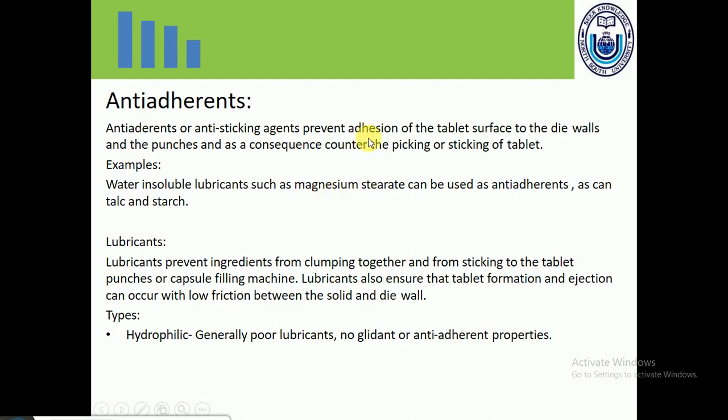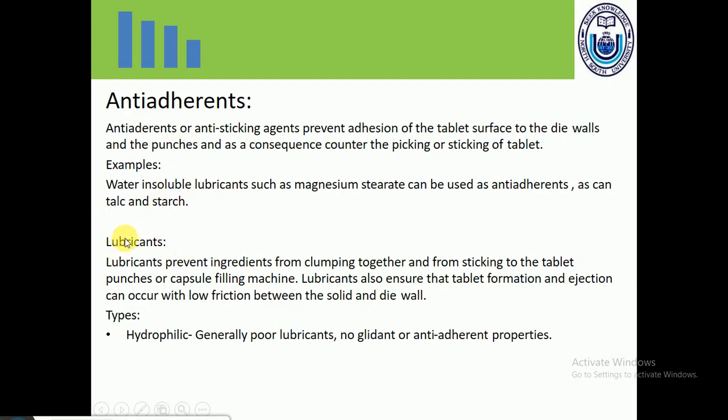This is an excellent example of water insoluble lubricants, and it can be used as an anti-adherent, as can talcum and starch. Starch is used as a binder as well as an anti-adherent. So it means that starch can be used for multiple purposes.